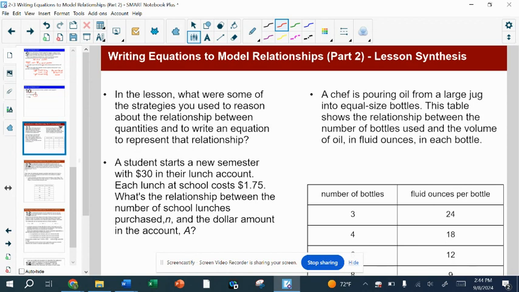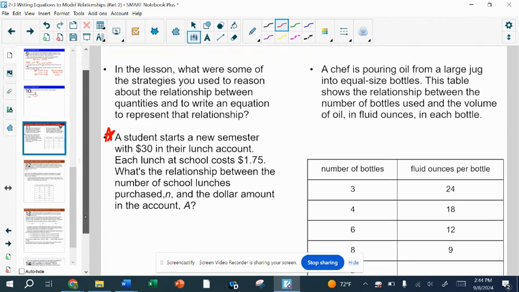If I gave you something like this situation right here: a student starts their new semester with $30 in their lunch account, and each lunch costs $1.75. What's the relationship between the number of school lunches purchased and the dollar amount left in their account?